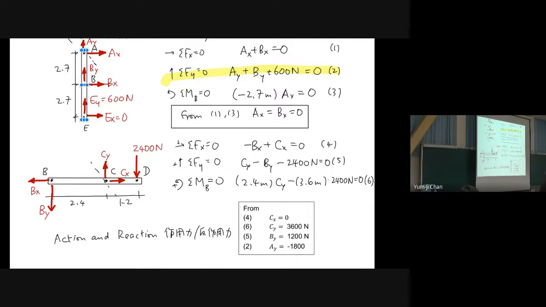So we have 6 equations and 6 unknowns. The only problem is how to do it one by one.